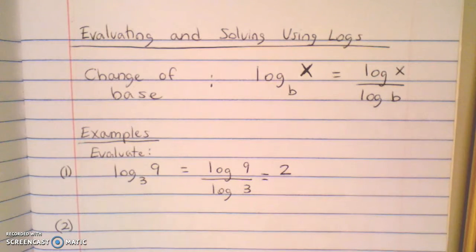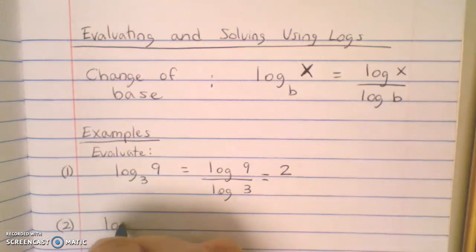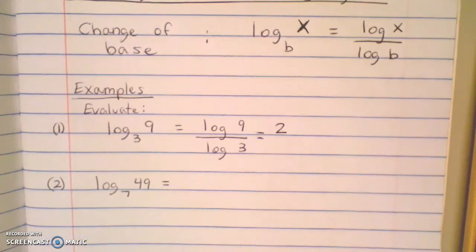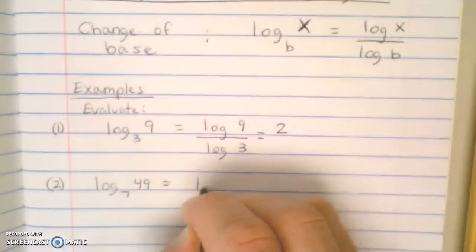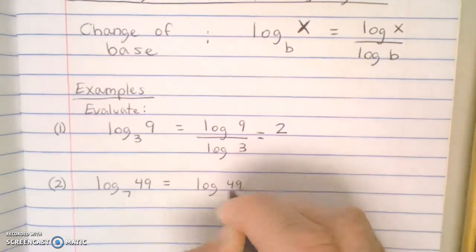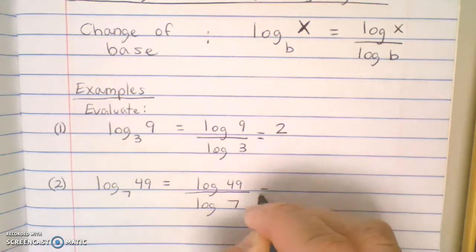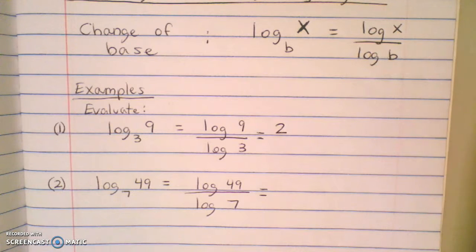Another example. Let's say I gave you log base 7 of 49. So using the change of base formula, you take log of 49 over log 7. And we can just use your calculator again.